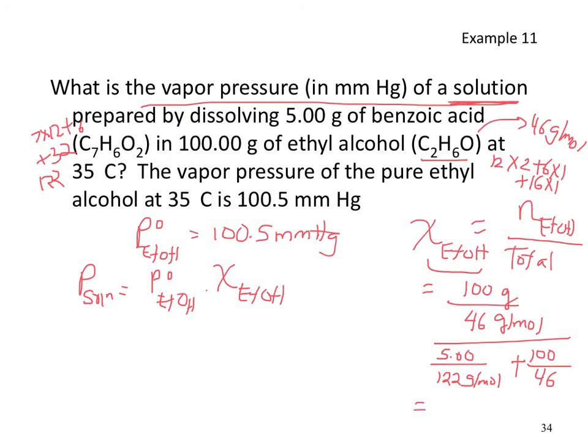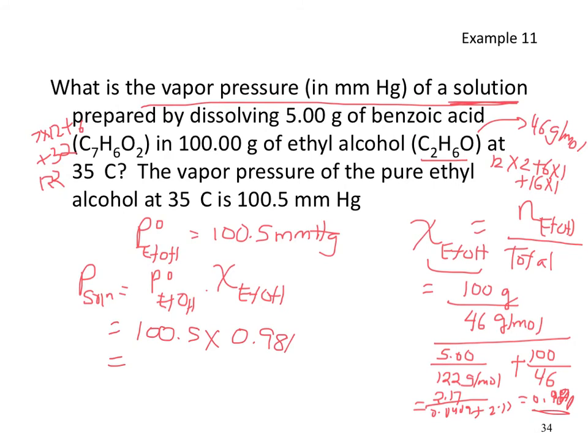So we are going to solve that, and I got 0.981 upon plugging in the numbers. And so right now my P solution looks like 100.5 times 0.981.